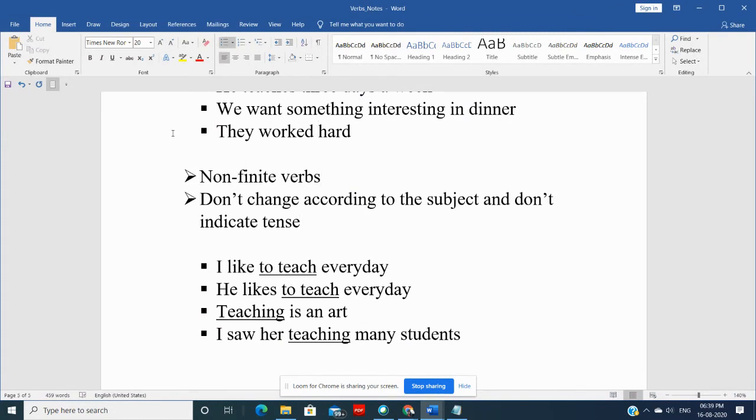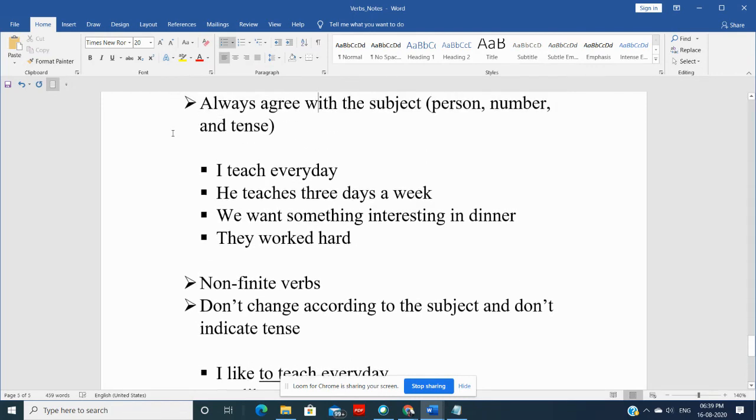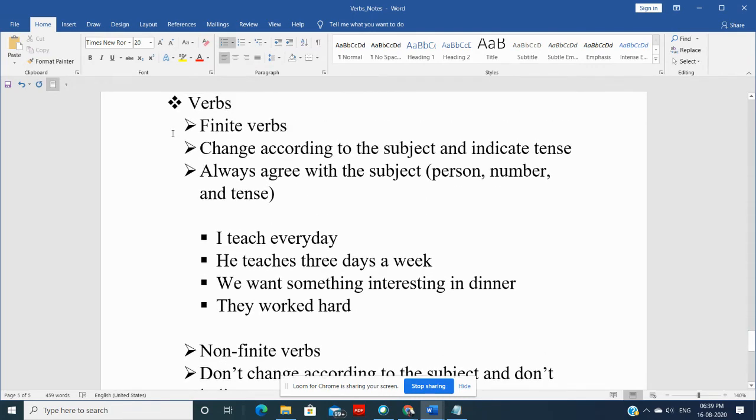So basically, depending on whether the verb changes according to the subject or not, and whether it tells us about the tense or not, there are two types of verb, finite verbs and non-finite verbs.